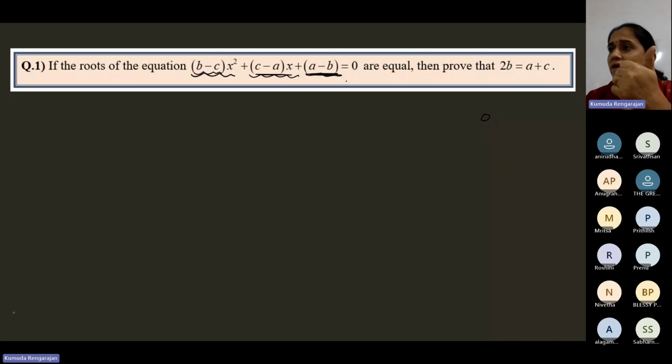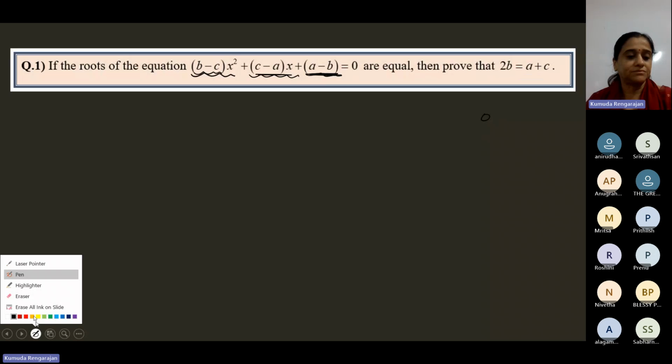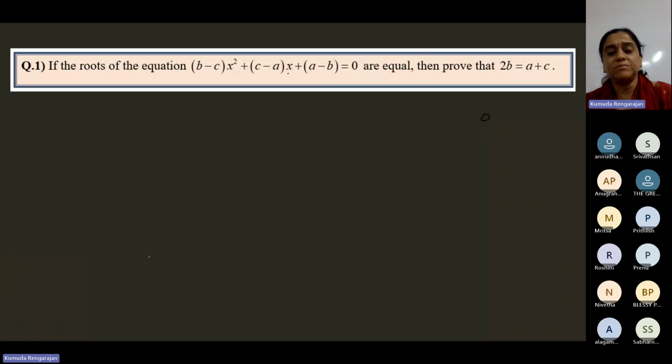So we can write out the values of a, b, and c. Here we'll use capital A, capital B, and capital C because we already have small letters a, b, c in the equation. Very simple because it's given. And the condition is given that the roots are equal.